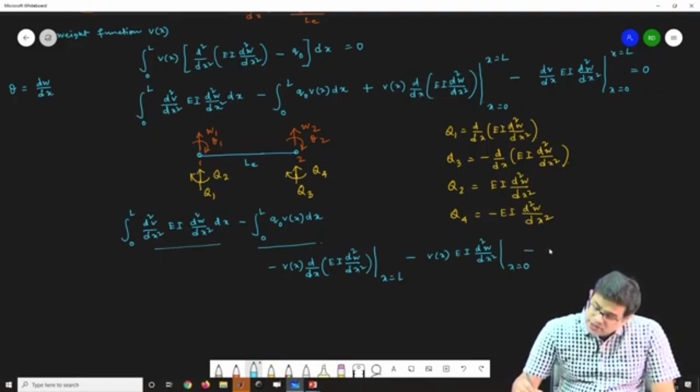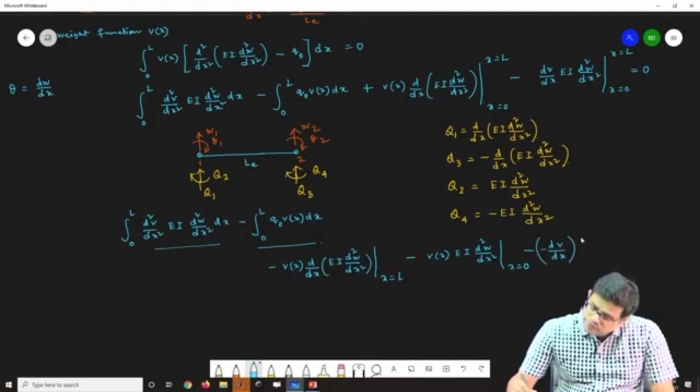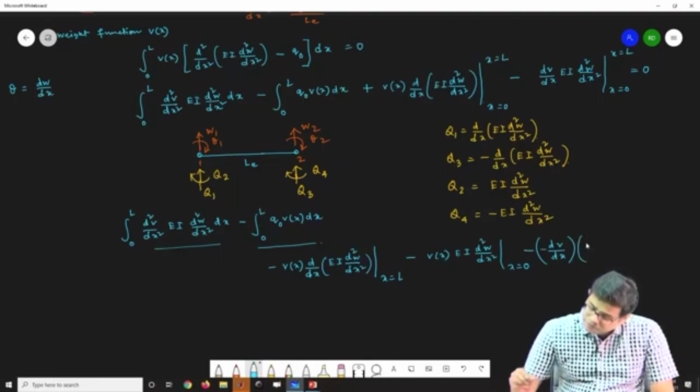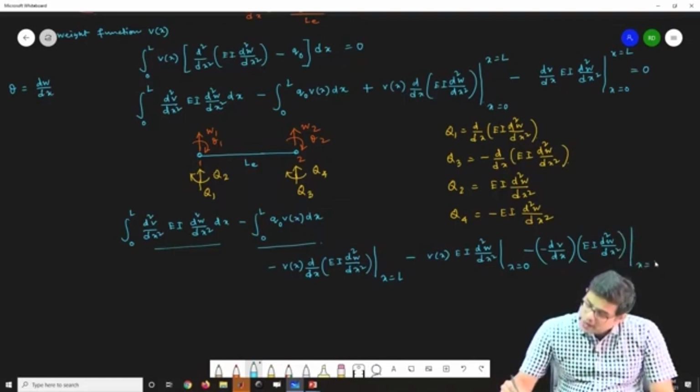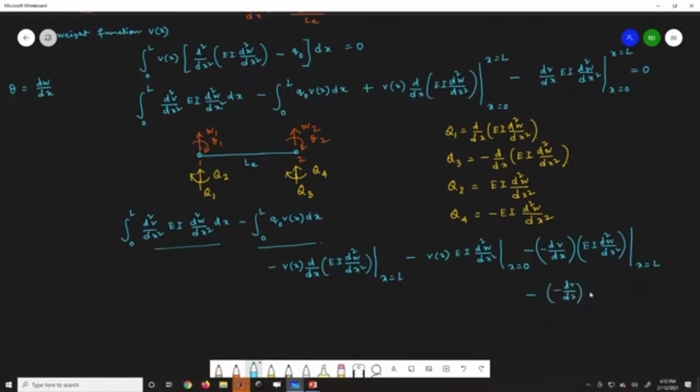Similarly, this is dv/dx. Let us take dv/dx minus, again this term, that is EI d2w/dx2 at x equals L, and then minus of minus dv/dx. Here what we have assumed is that my slope is the negative of the displacement derivative.